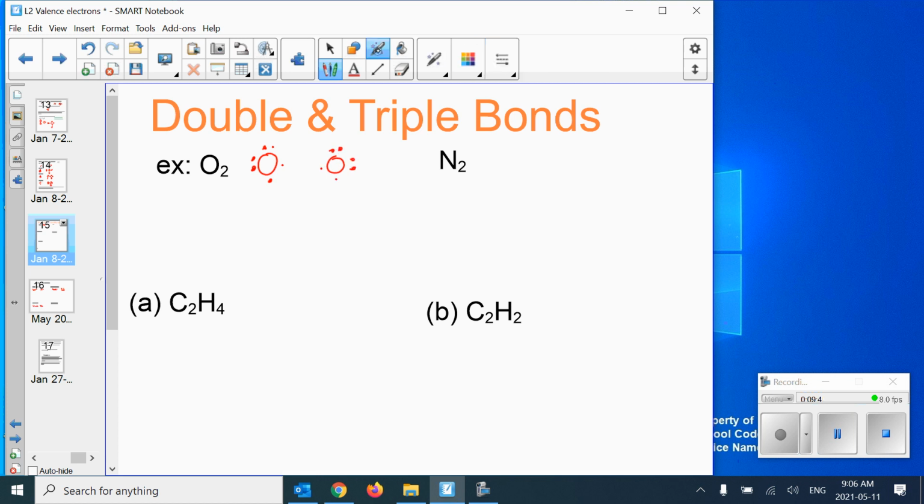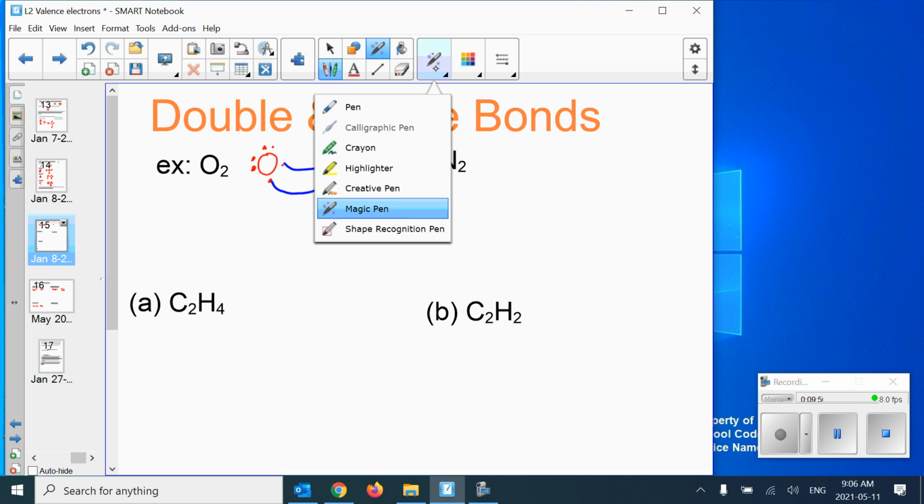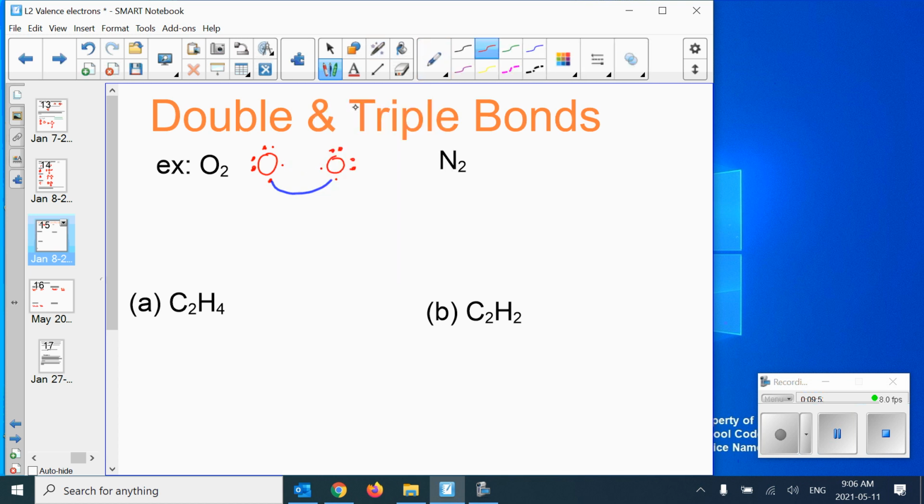And think about this. This single and this single. This single and this single. They can make each other happy. What I would do is draw out oxygen, oxygen, but show the double bond right in the middle.